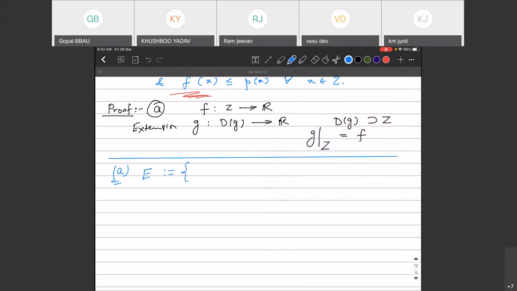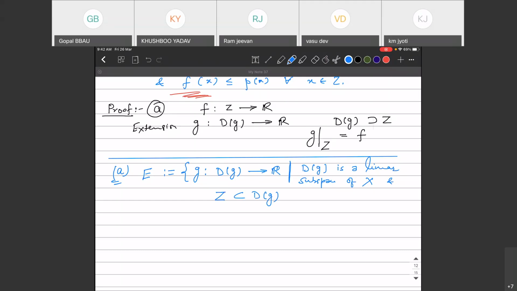E is the set of all extensions of F. This means G is a linear functional on its domain, where DG is a subspace of X, and it contains Z. Okay, so this is the condition on DG.